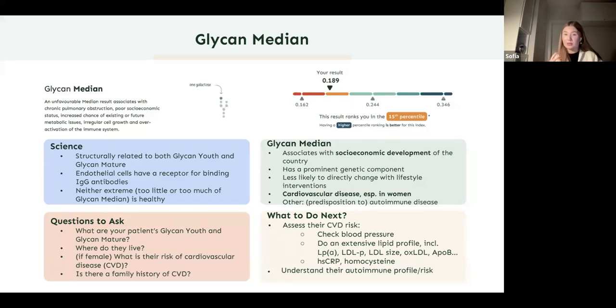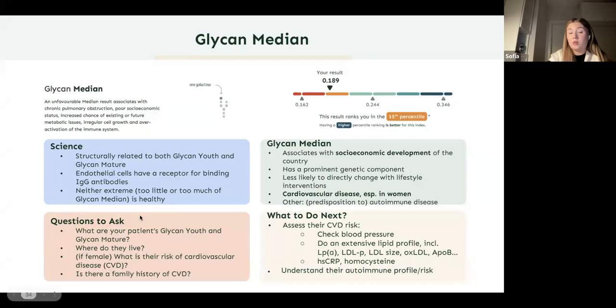Same goes for glycan mature. If we have too much glycan mature, that means we have too many glycans without galactose on them, and we also have a low glycan median, this is another red flag that there is something going on with the cardiovascular system.